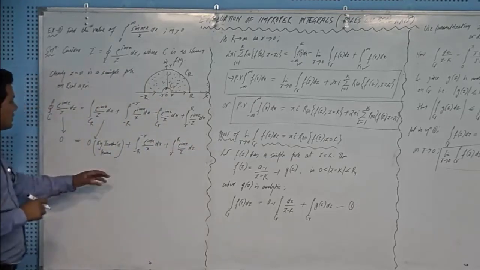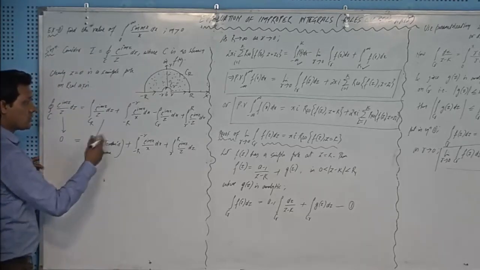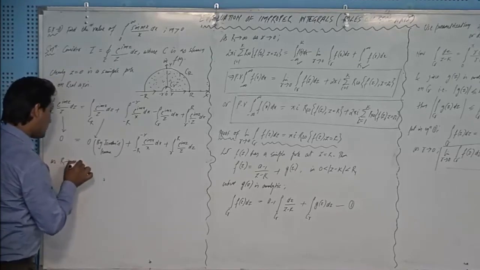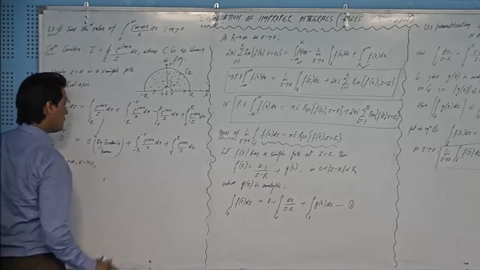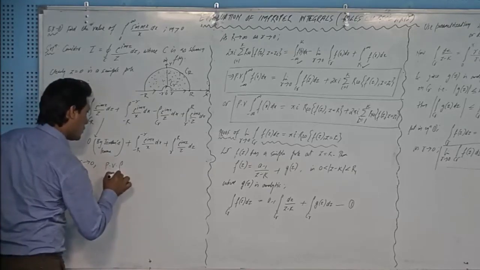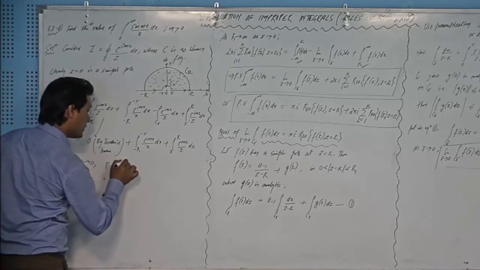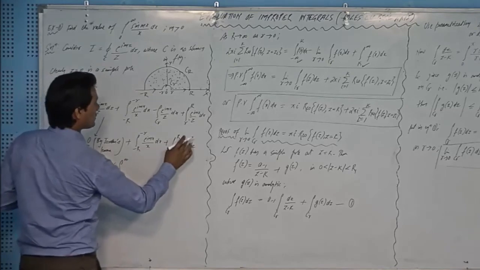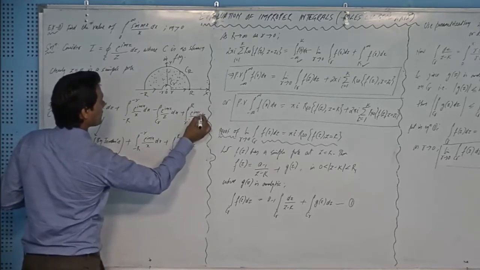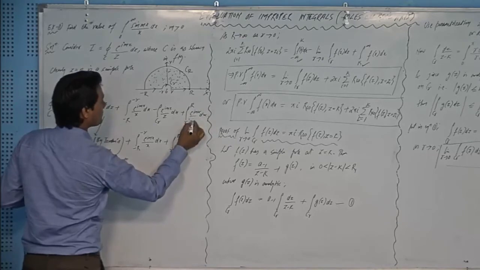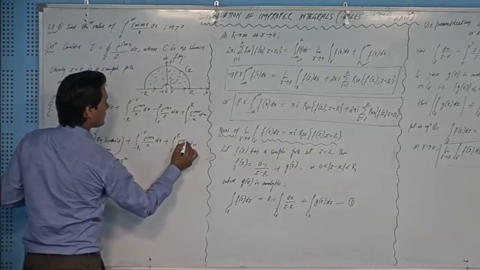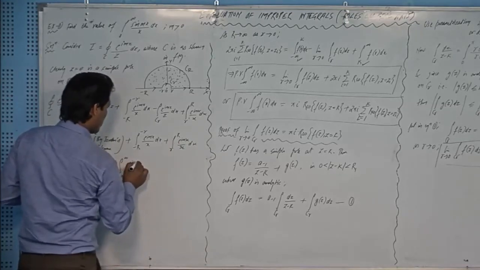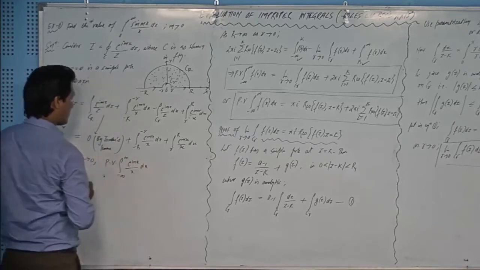Finally, on applying capital R tends to infinity and small r tends to 0, these two integrals will add up to give the principal value of the integral from minus infinity to infinity of e to the power iota mx over x dx.